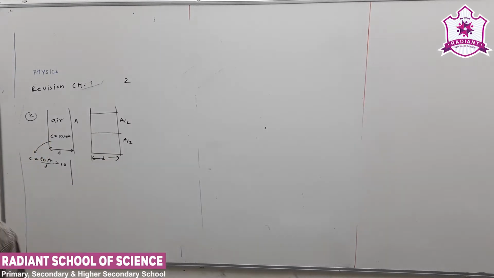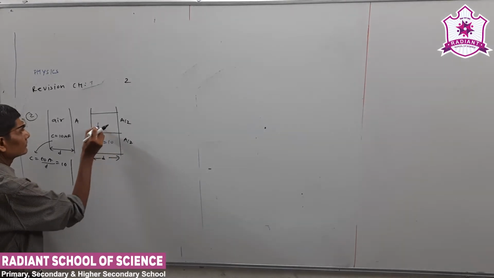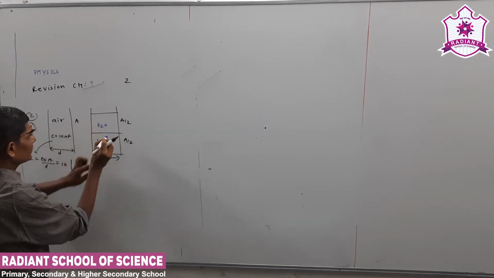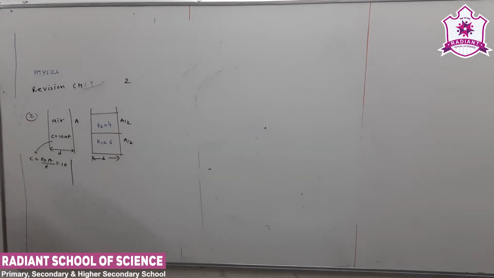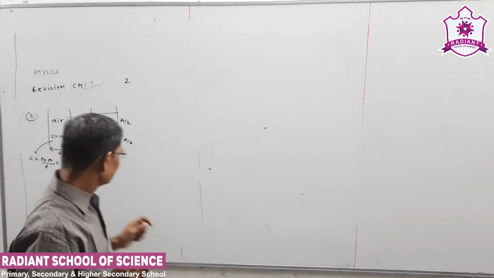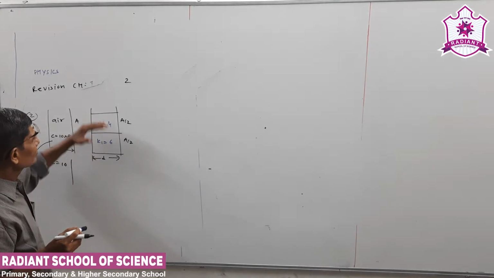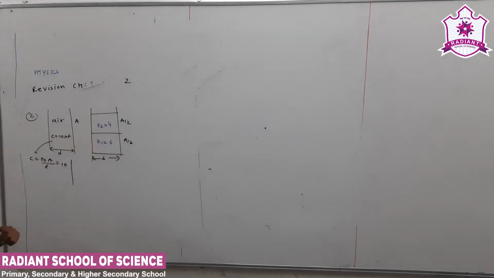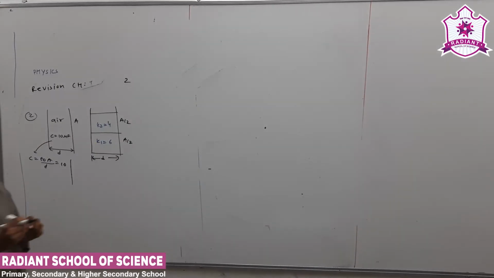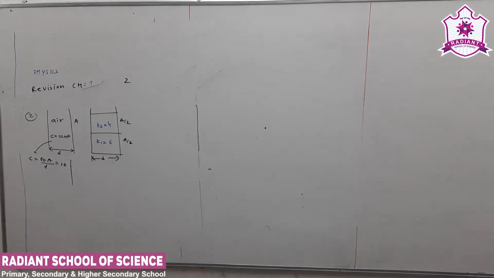K1 is of 10 value and K2 is 4. Initially it was filled with half of the plate distance, d by 2 and d by 2, but now the d will remain the same, but half of the area of the plate is filled with K1 and half of the area with K2. See, you have to calculate the equivalent capacitance.